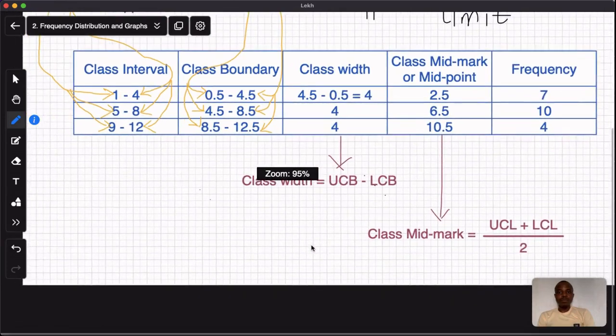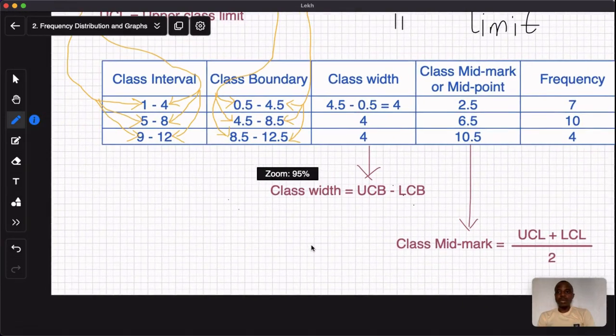Now, it's important for you to know that you can obtain what we call the class mid-mark or midpoint also. That can be done by using the upper class limit and the lower class limit: the upper class limit plus the lower class limit, divided by 2.